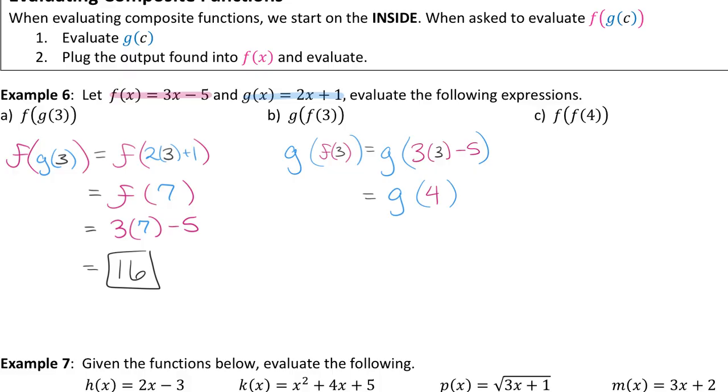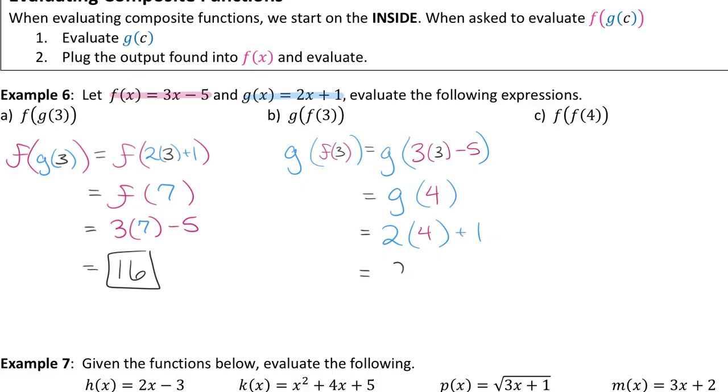G of 4 is telling me to plug what number into g? We're plugging in what number again? 4. Whatever number's in the parentheses, right inside of a letter's parentheses, you plug it in. And what's 2 times 4 plus 1?